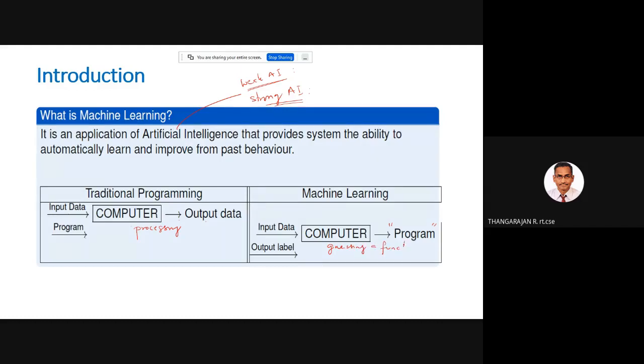You are giving pairs of values x_i, y_i, for i equal to 1, 2, and so on. The computer will look at this input-output trend and try to guess the function f, where y is equal to f of x and x is the input.